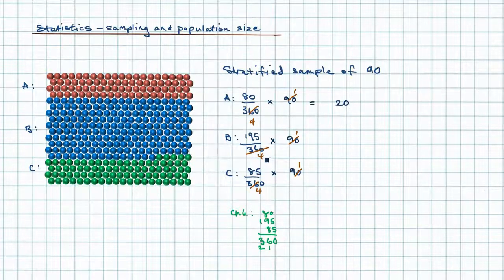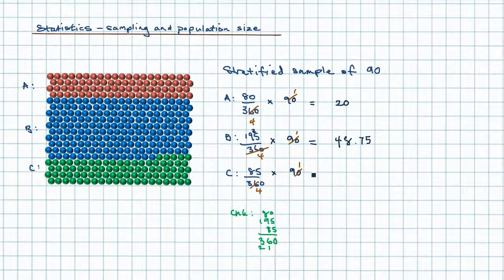195 divided by 4 is a bit trickier, so 4 into 19, well, goes 4 times remainder 3. So if I put a little 3 here, so that's going to be 4, 40 something. So 4 into 35, well, 4 8s are 32, so I've got 8, remainder 3, 3 quarters then, so 48.75.